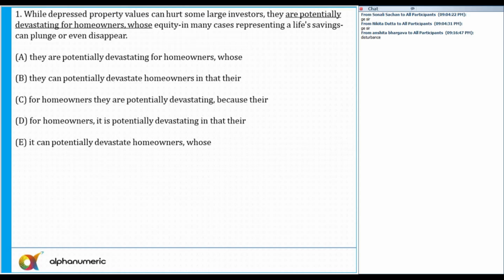So I think there is a disturbance. Is there a disturbance for everyone? Oh, it's fine now. Okay, right. So I think when we read this sentence, it's absolutely clear that they refers to depressed property values, whose refers to homeowners. Everything is all right.